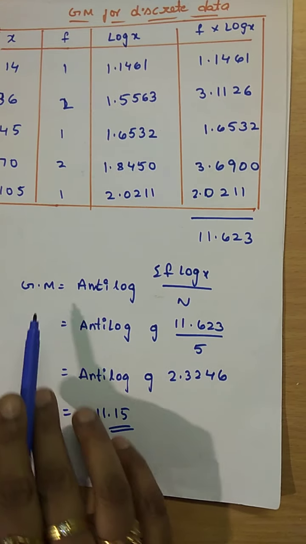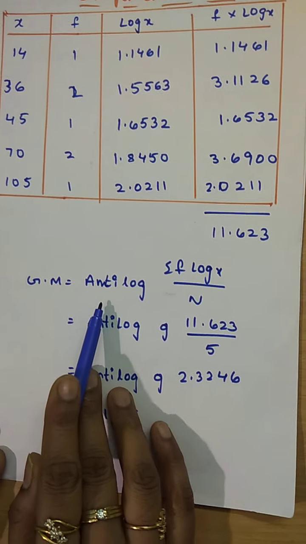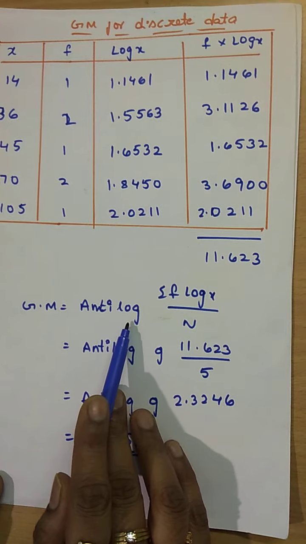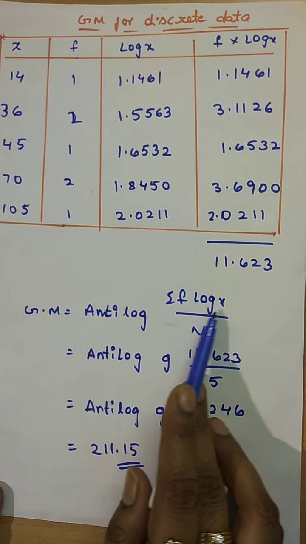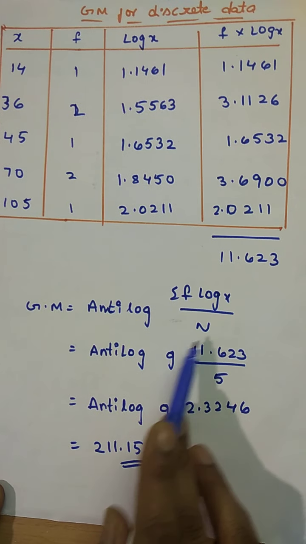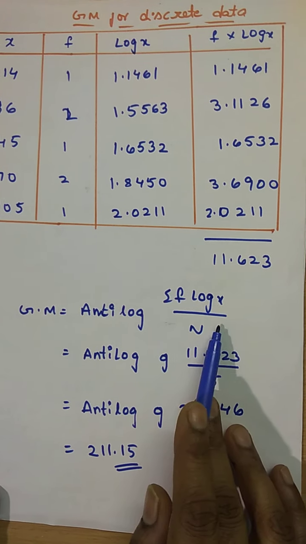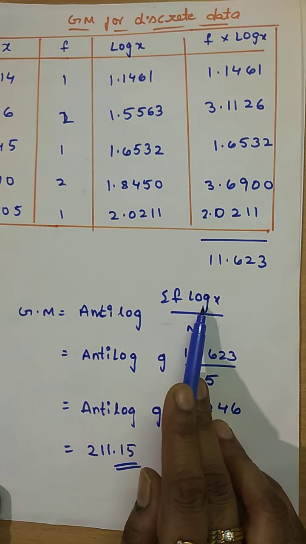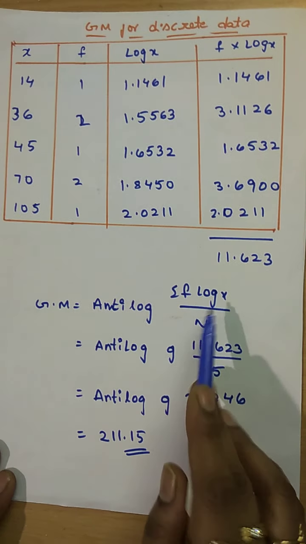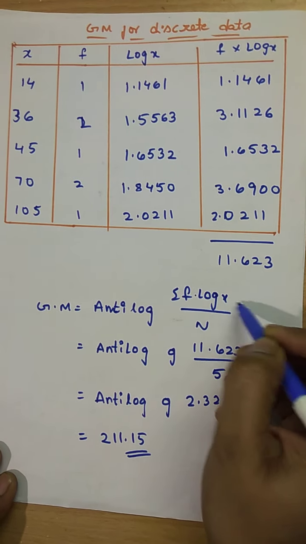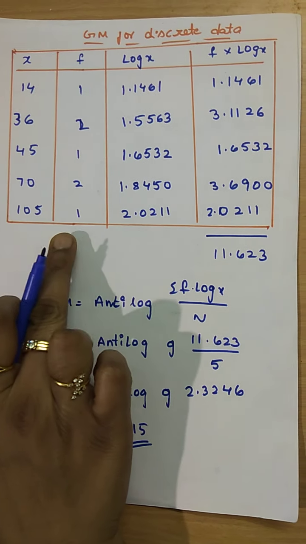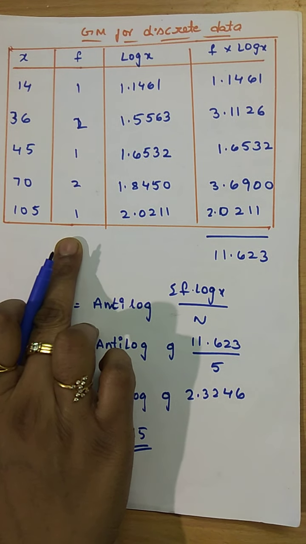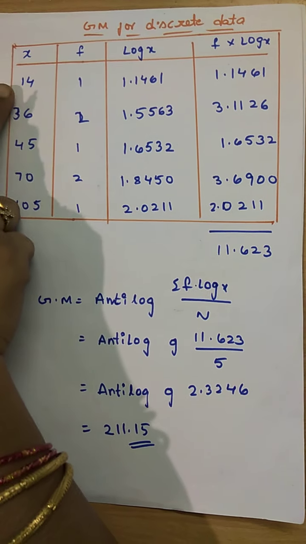The formula for geometric mean in the case of discrete data is the anti-log of summation i equal to 1 to n of f log x divided by capital N. So we need to find the summation of f into log x. We know the x values and the frequency values. First we need to find the logarithmic values for x.